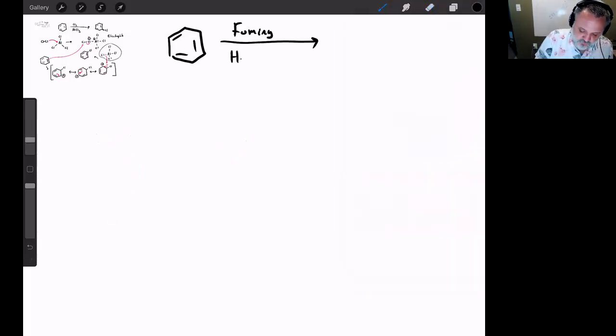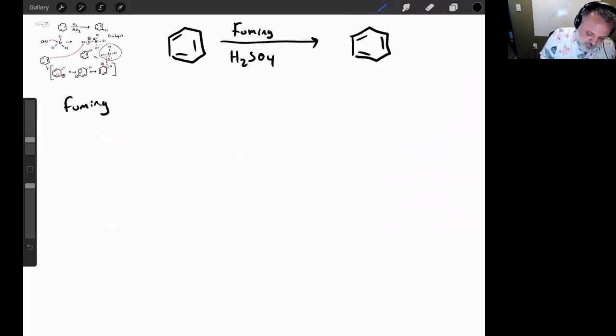So sulfonation involves fuming H2SO4. Fuming H2SO4 is concentrated sulfuric acid, and what's the fuming part? The fuming part means that it has SO3 gas in it.